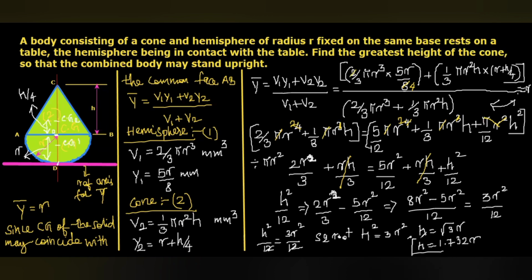So when you know the value of the radius, then the maximum height of the solid, that means the right circular cone, in which the combined body may stand upright without toppling, that height will be equal to 1.732, that is root 3 times the radius of the hemisphere or the common face AB.